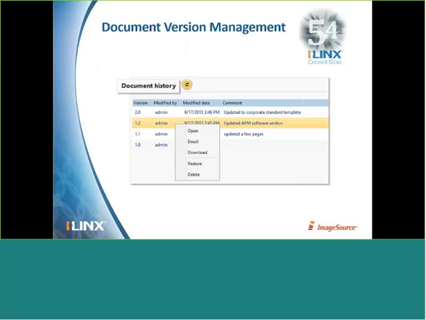From here you can do things like discard a checkout. You can restore an older version of the document to the new version. And you can also secure all this versioning capability and history so that only specific groups within your organization have access to the older versions of the documents.